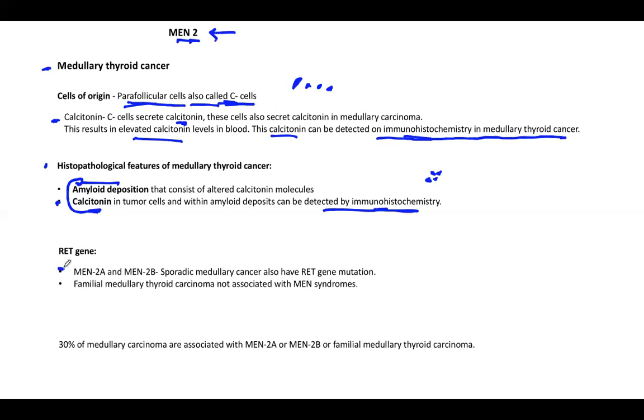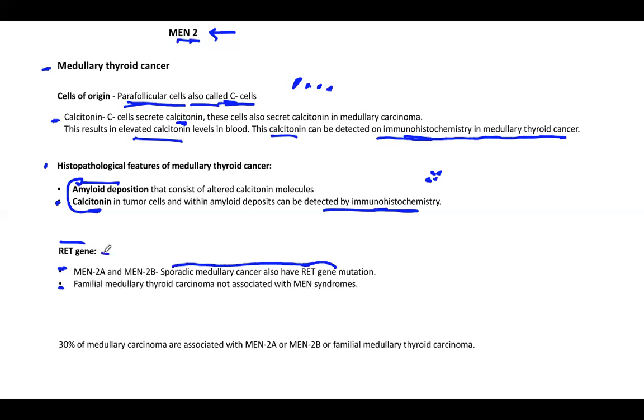So MEN2A and MEN2B, they have RET genes. But a sporadic medullary carcinoma also has the same RET gene, but this RET gene is not inherited. It's just a sporadic mutation. And familial medullary thyroid carcinoma is another variety.